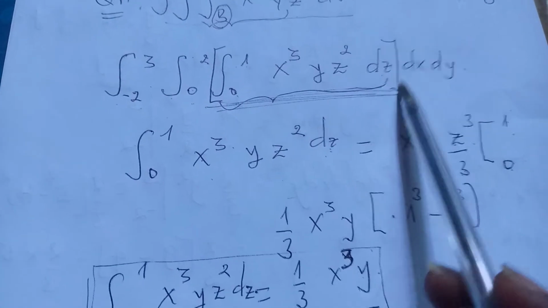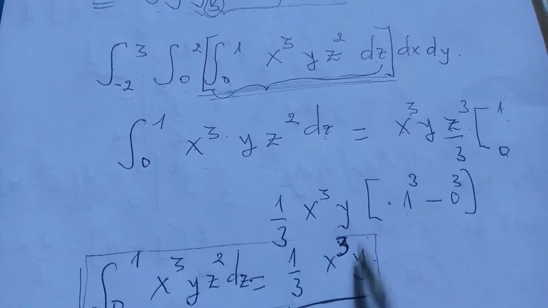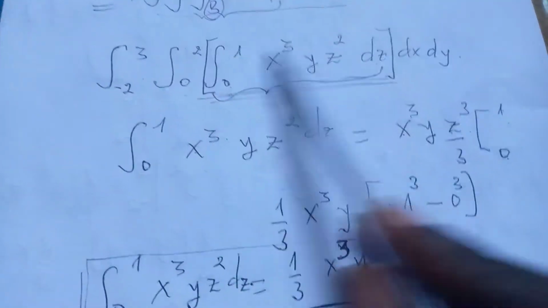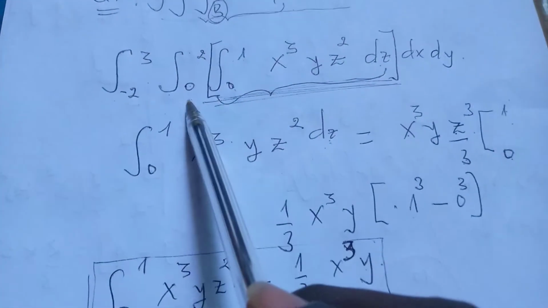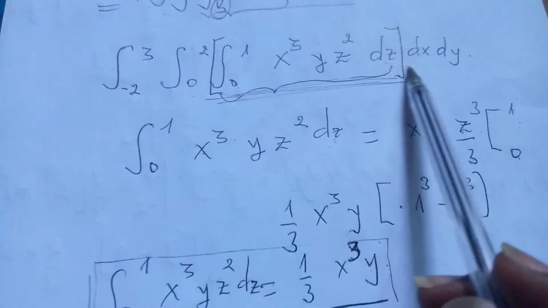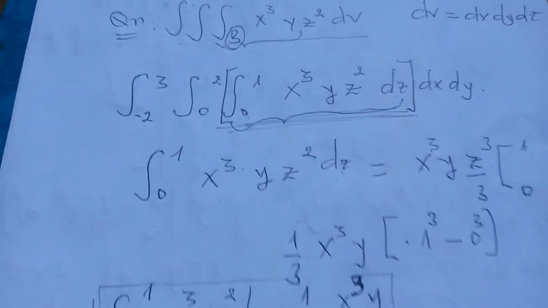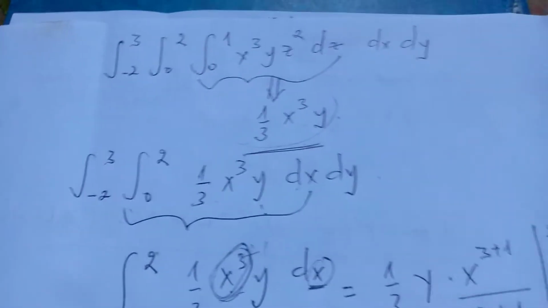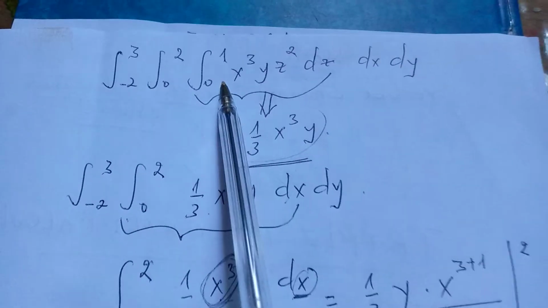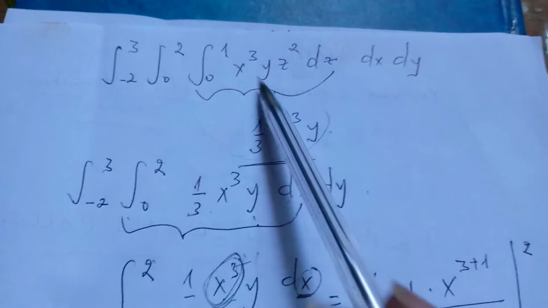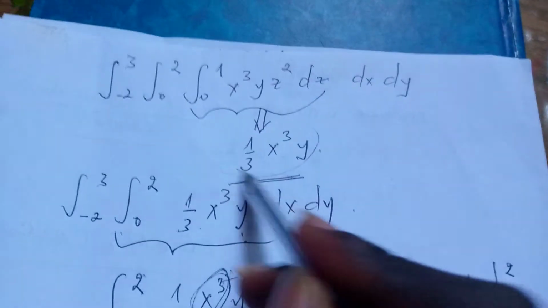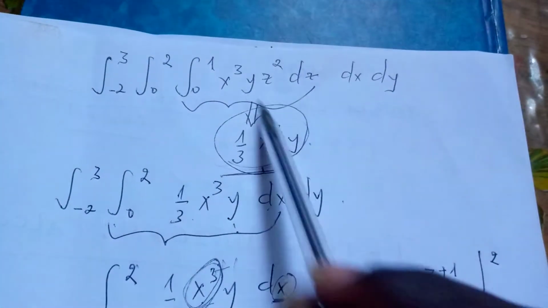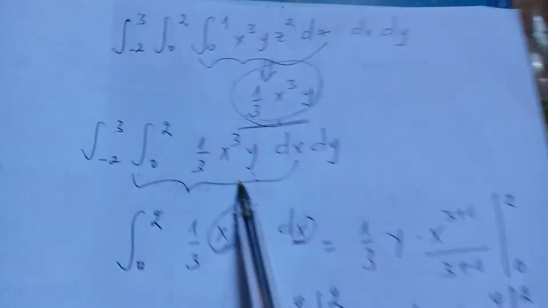Now we replace this solution in the next integral, and integrate with respect to x from 0 to 2. As you see, we replace this value because we have found its solution.